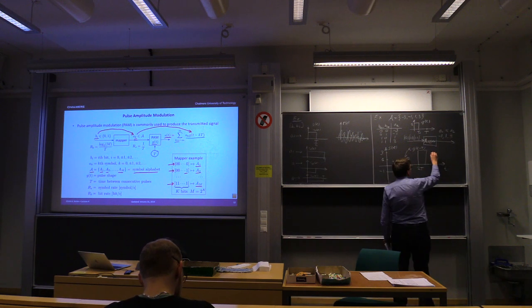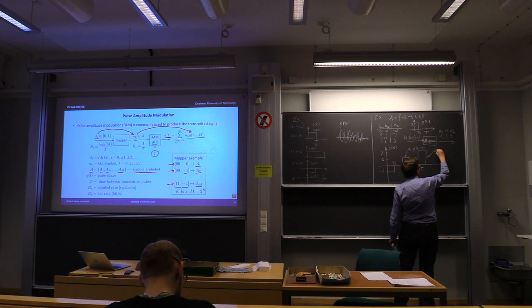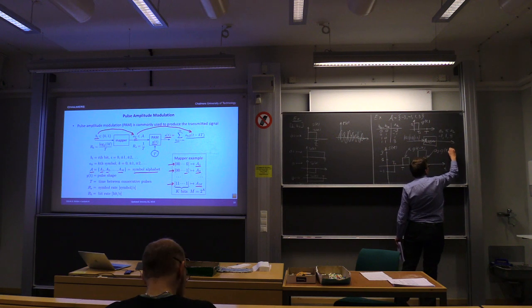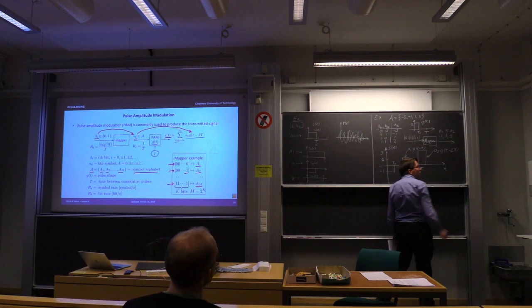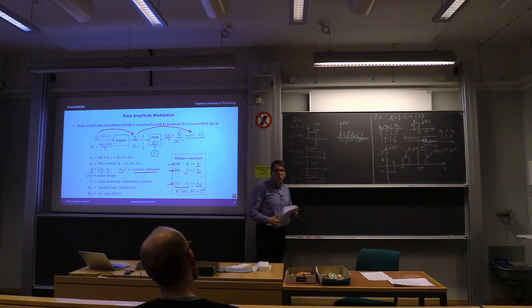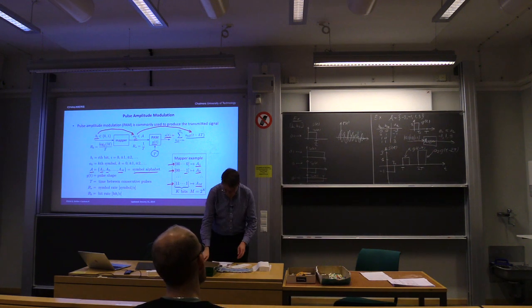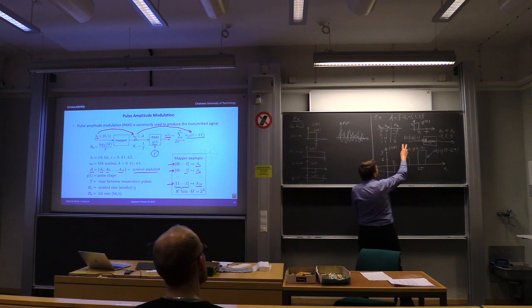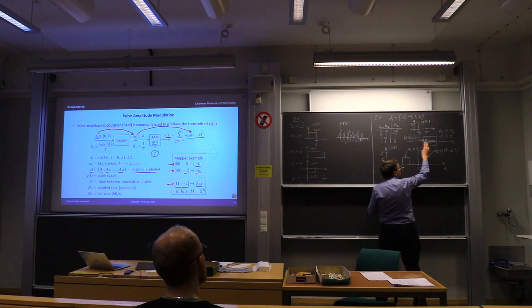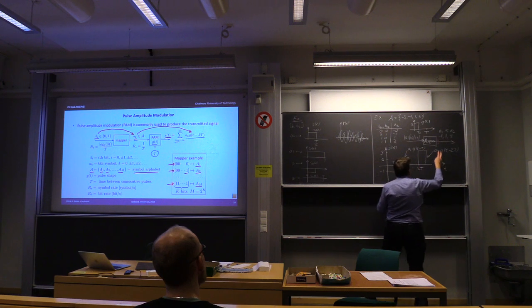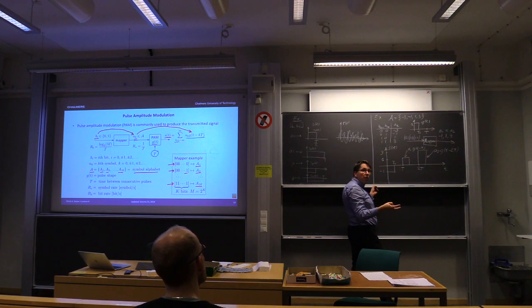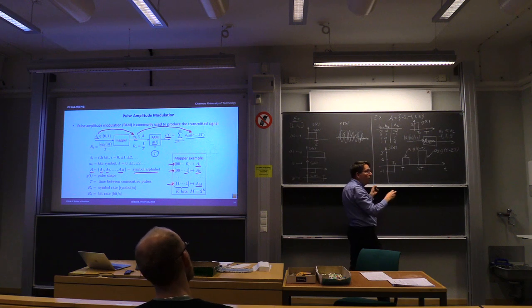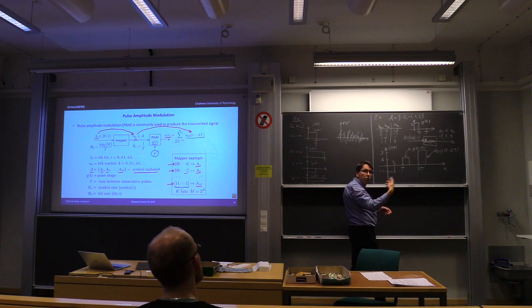Okay, and here we have A2 g of t minus 2 capital T, like this. Okay. So hopefully the principle is clear now. For each block of 2 input bits, we produce 1 output amplitude. That output amplitude is multiplied with a pulse and then delayed by an integer number of capital T seconds. So we get a train of pulses here.